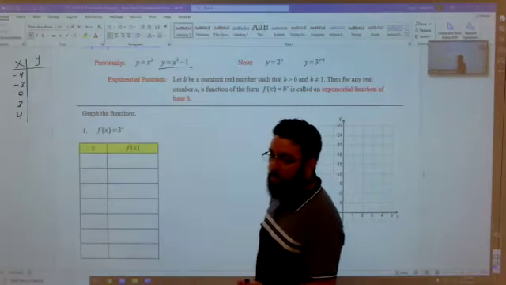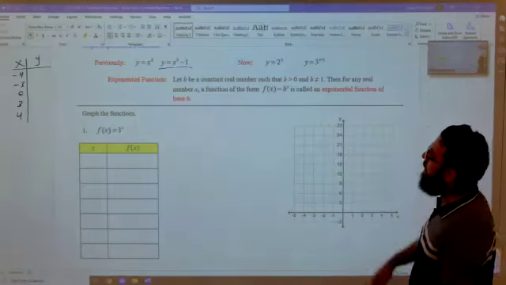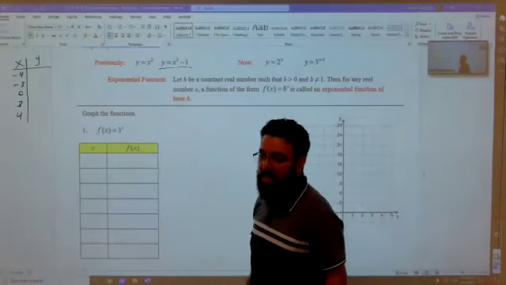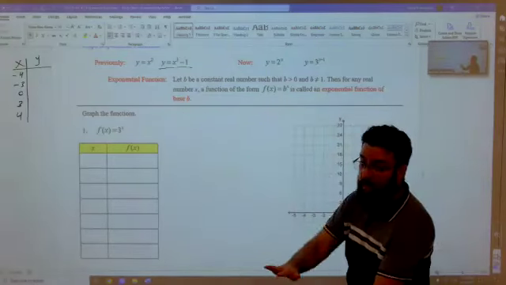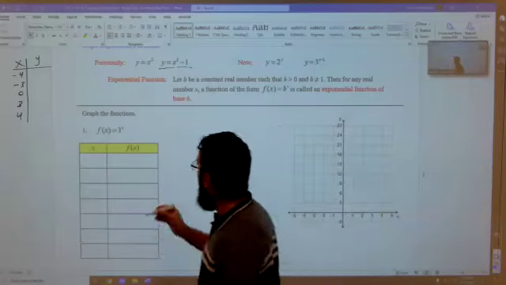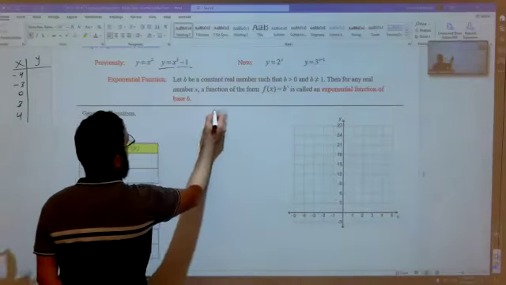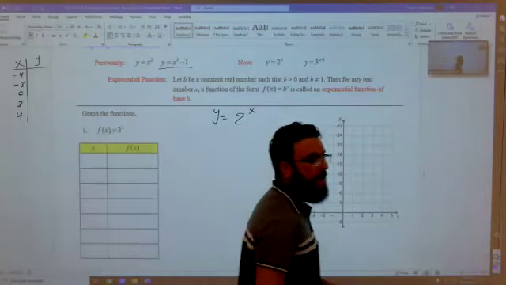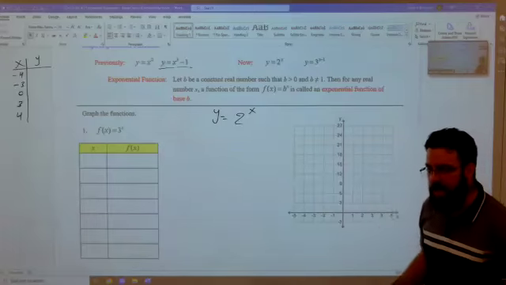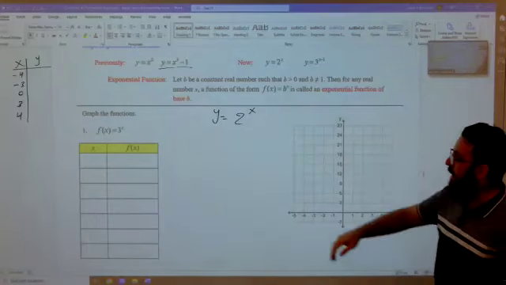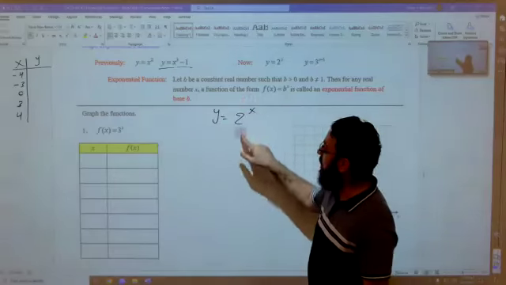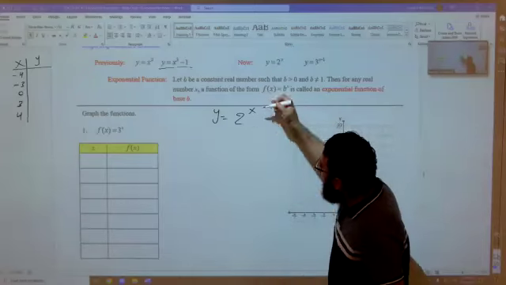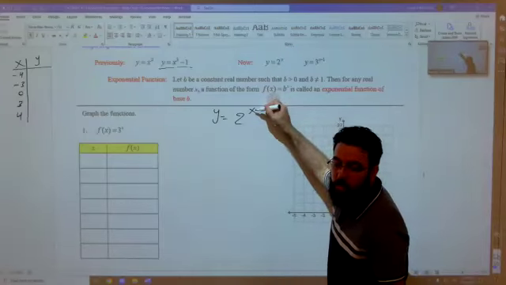We learned these methods. Now, the difference: y equals 2 to the power x. It's the same technique. You choose a value for x and plug in to find the value of y. But this function is called an exponential function because the variable is an exponent.